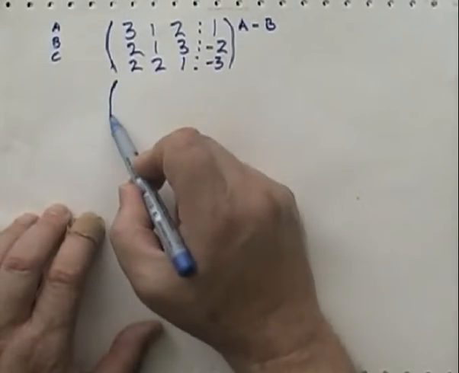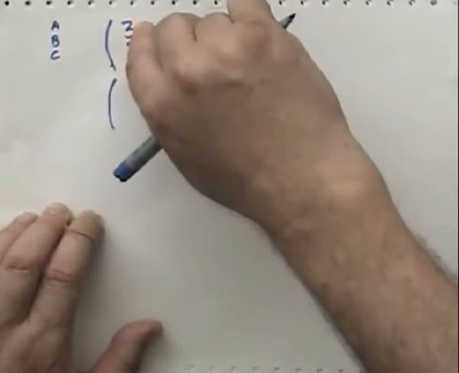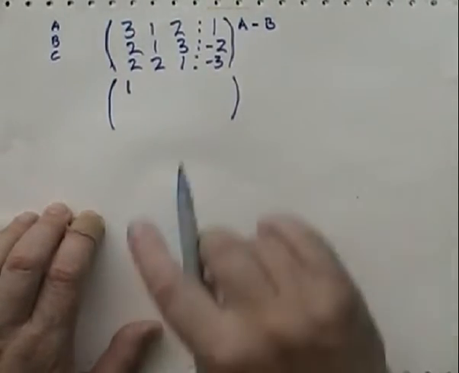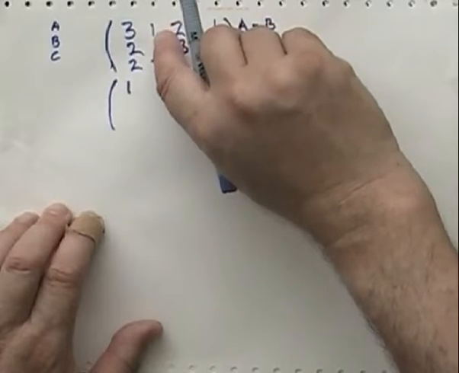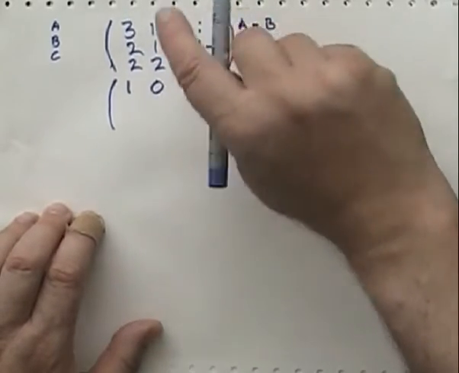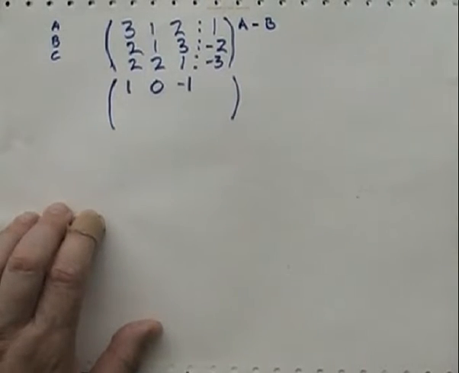So I draw a new one. A minus B is going to be 3 minus 2 is 1. That's good, I want a 1. 1 minus 1 is 0. That's pretty cool. And 2 minus 3 is -1. Just have to be a little careful with negative numbers here.